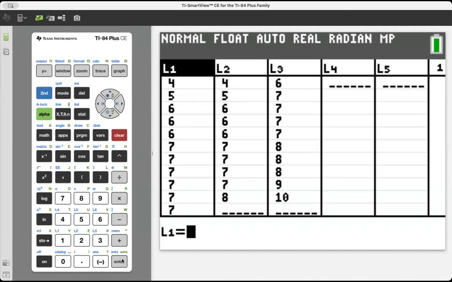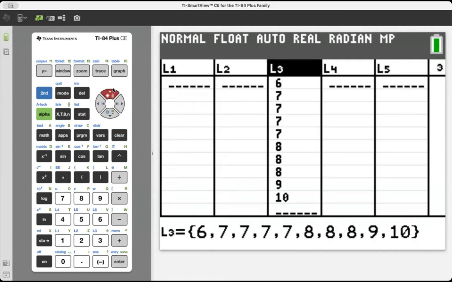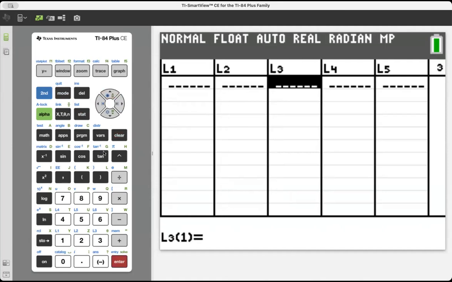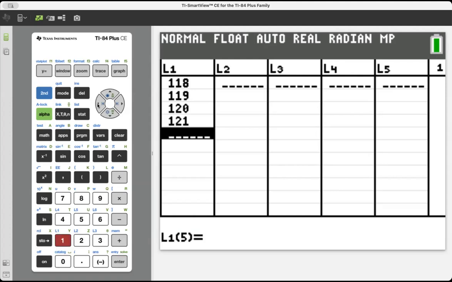Clear on L1, clear on L2, and clear on L3. Let's enter 118, 119, 120, 121, and 122.